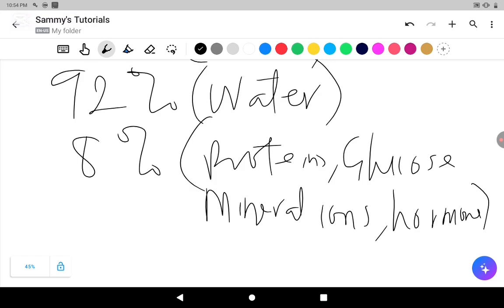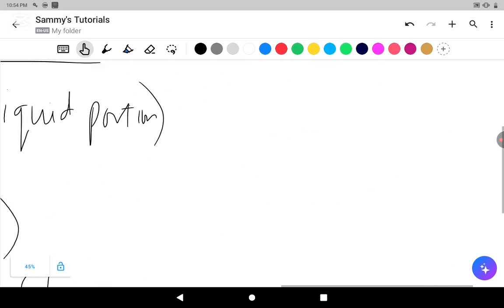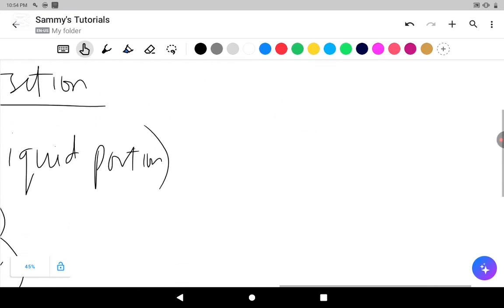These are the 8%. So the plasma is made up of 92% water, 8% nutrients, which are protein, glucose, mineral salts, and hormones. So 92%, 8%, that's 100% of the plasma. And the plasma makes up 55% of the whole blood. Do you understand? So we proceed.